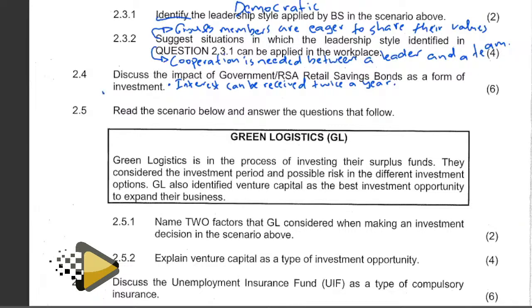And also we said that interest is usually higher than on fixed deposits.